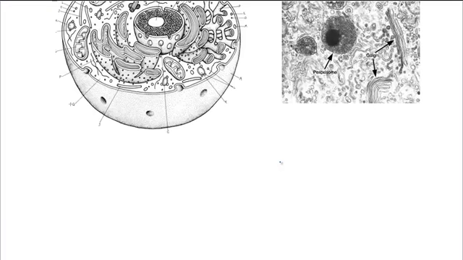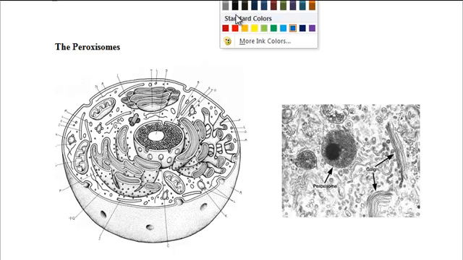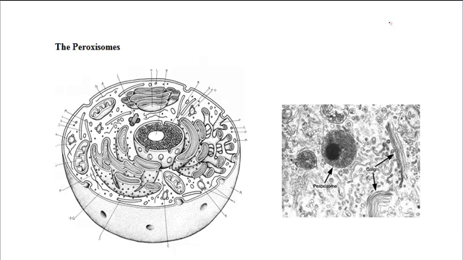So the next organelle we're going to talk about are peroxisomes. And again, peroxisomes structurally look very similar to lysosomes and vacuoles. So we'll pick this guy over here.